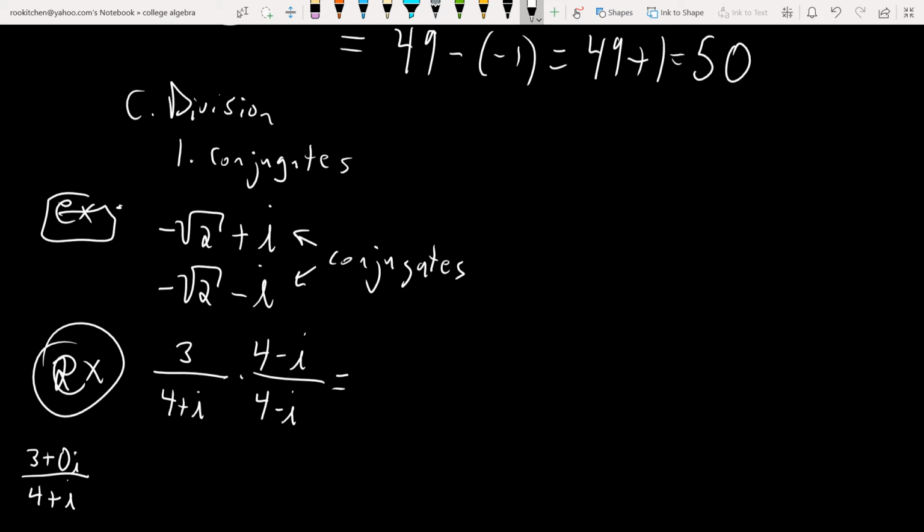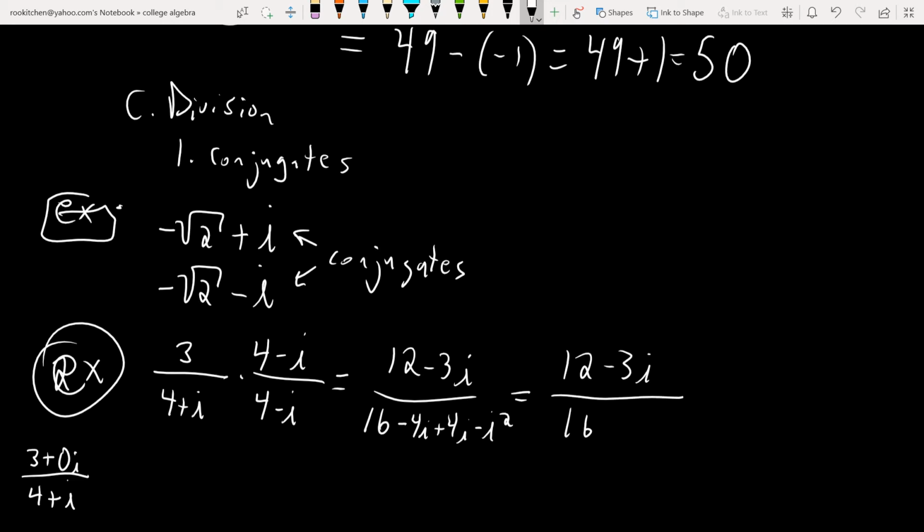In the numerator, I just have a distribution, so 12 minus 3i. And in the denominator, I have a FOIL, right? So 16, the first, and then the outer, minus 4i, the inner, plus 4i, and then the last, minus i squared. Got to simplify the denominator.